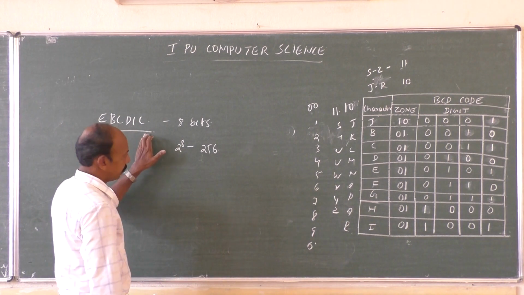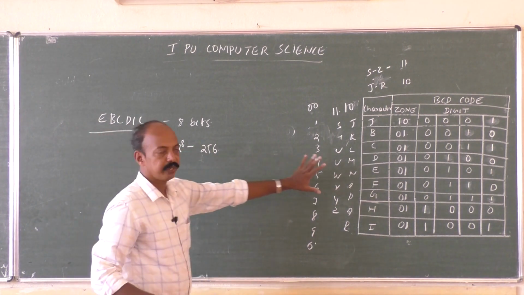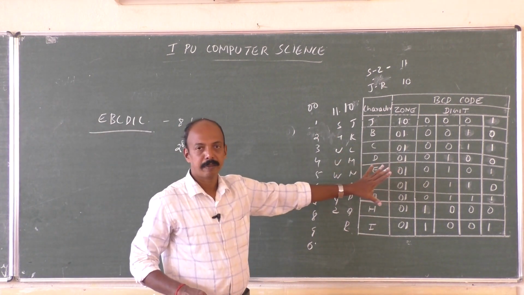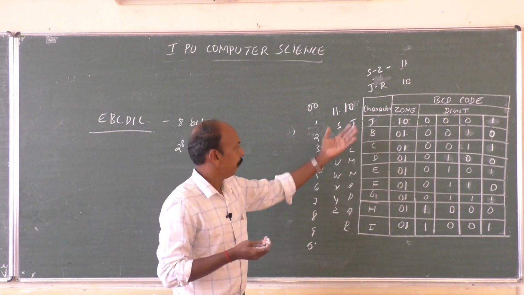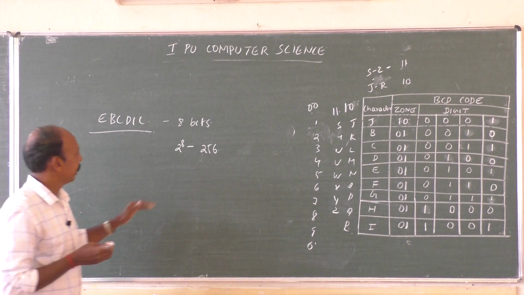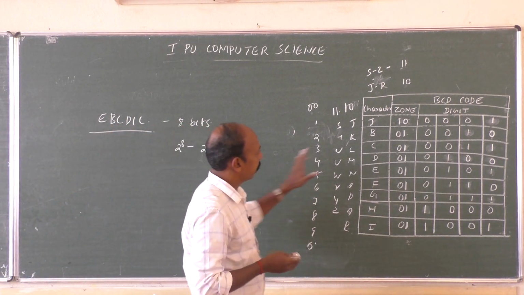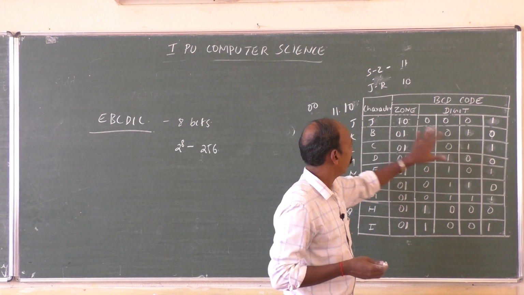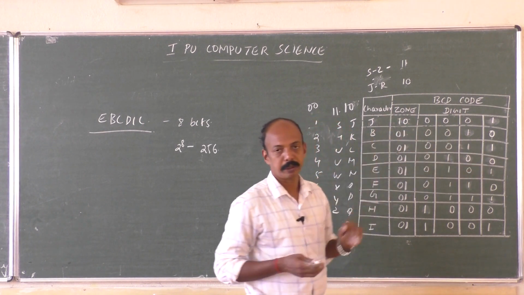In case of EBCDIC, this is just for your reference and it won't be asked. Just to understand, we have written this. Now, how will it be different? In case of EBCDIC, the digit portion will be the same, only the difference will be the zone portion.